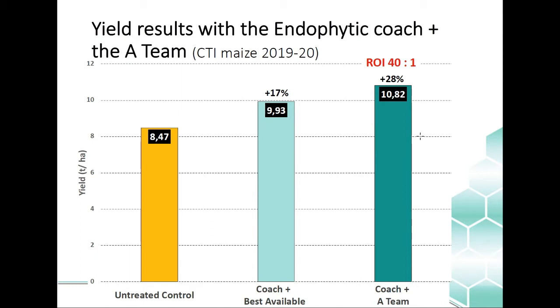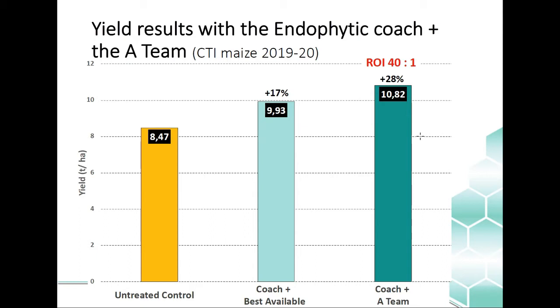So if you put an endophytic coach on that germinating seed, it will recruit a very good team of rhizosphere groups to the rhizosphere, whereas a farmer that is not very focused on soil health and practices that benefit soil health will probably have a weaker team in the rhizosphere.